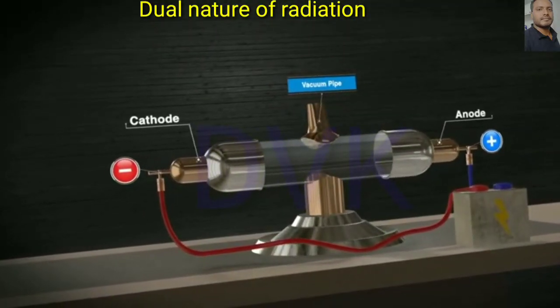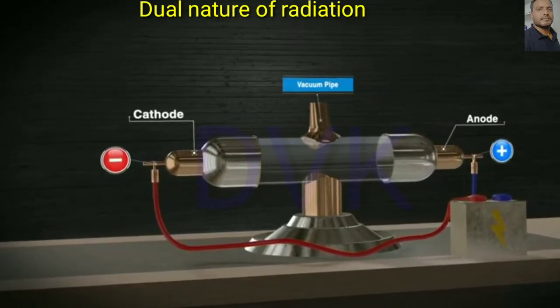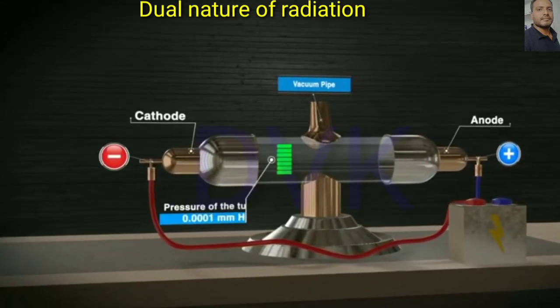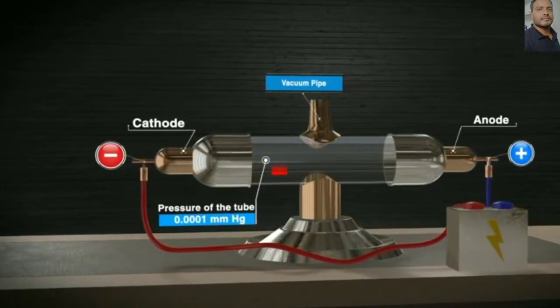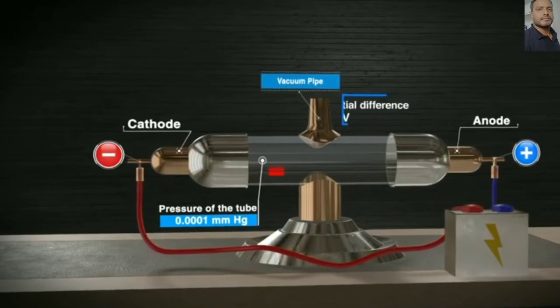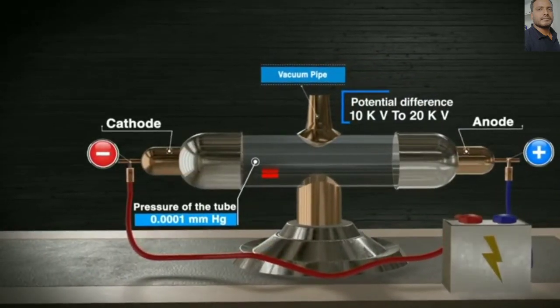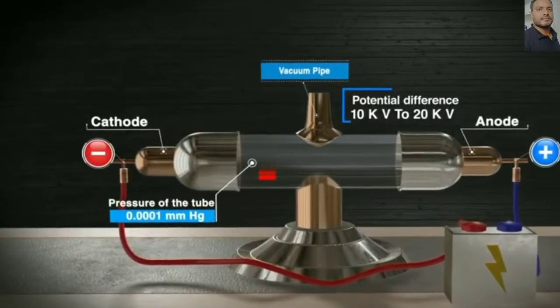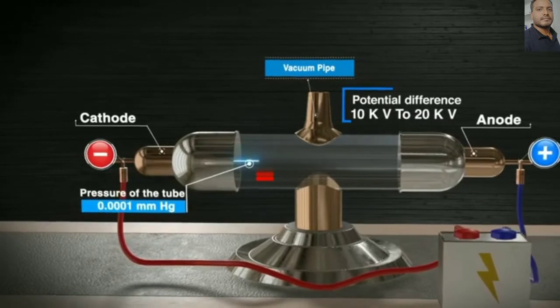Positive anode, negative cathode. In this discharge tube, low pressure is required, that is 0.001 mmHg, and high potential is required, that is 10 kV to 20 kV.